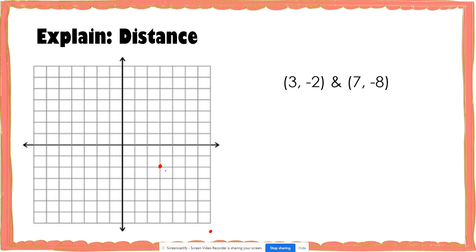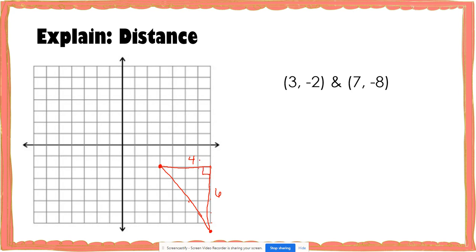Well, I need to know the distance between these 2 points, so I'm going to find their horizontal and vertical distances. So I know that from here to here, this is 1, 2, 3, 4 units. And then from here down to here, this is 1, 2, 3, 4, 5. And I have to go off the grid 1, so that is 6 units.